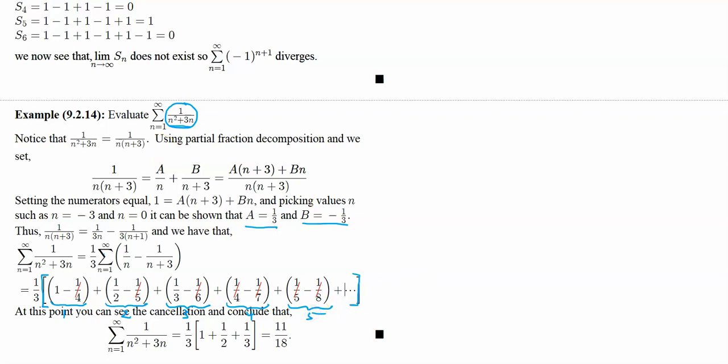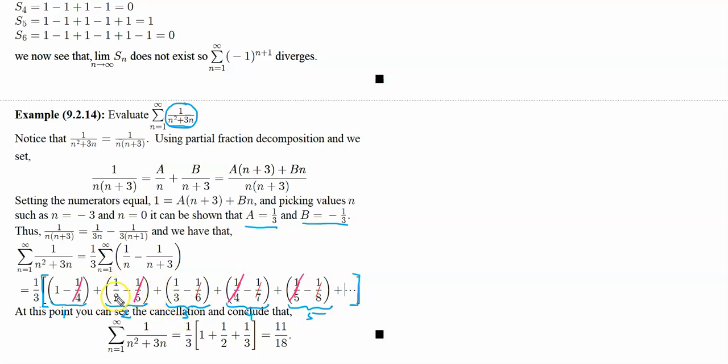Now let's see if we can identify collapsing. Well, we see the -1/4 here cancels with this 1/4 all the way out here. So those two cancel. The -1/5 here cancels with this 1/5 all the way out here. So that's why they cancel.